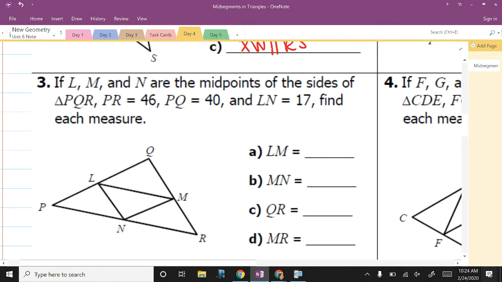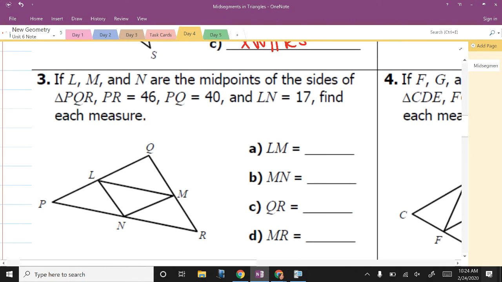All right. So number 3 is a little bit different. On number 3, they give me the lengths of these segments, right? And we have to find some missing lengths. So I'm going to go ahead and write in all of the ones they tell me. So they tell me PR, which is this whole segment, is 46.